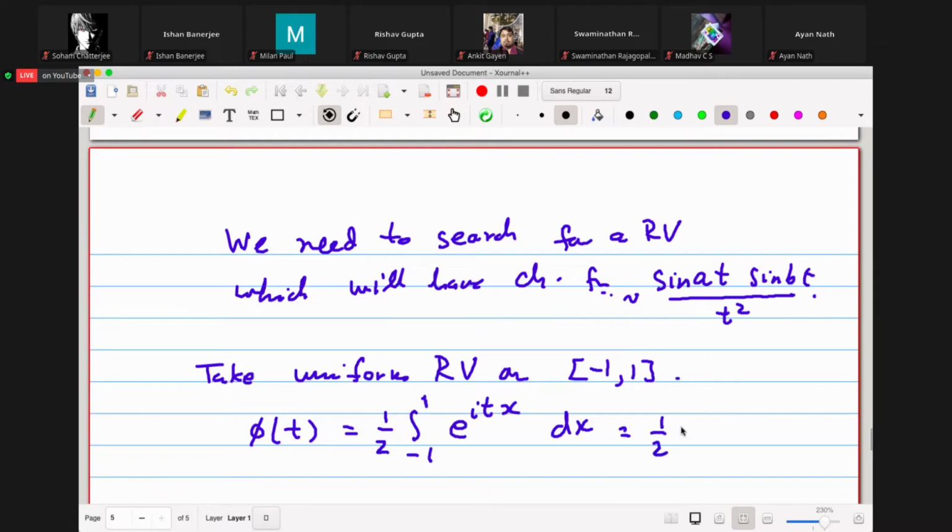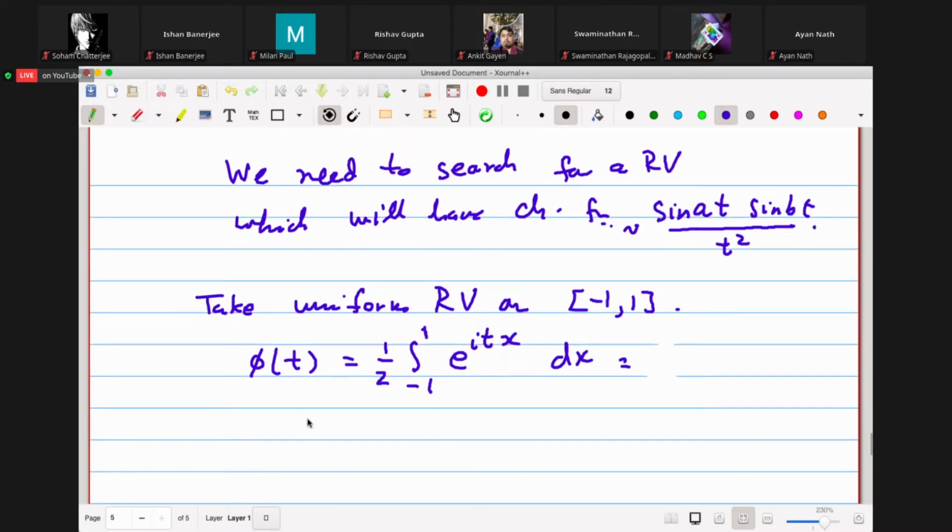So I put that 1 by 2 up front. This is an even function, so we may simplify this slightly. If you don't want to do this, just write cos and sine.